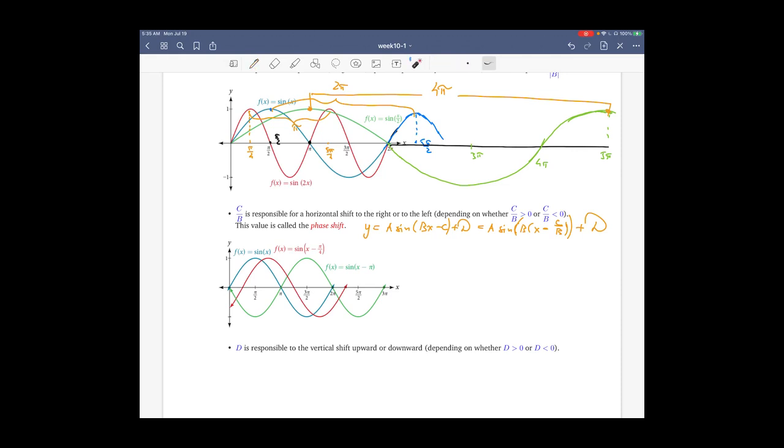If c over b is positive, we're shifting by c over b to the right, and if c over b is negative, we're shifting to the left.